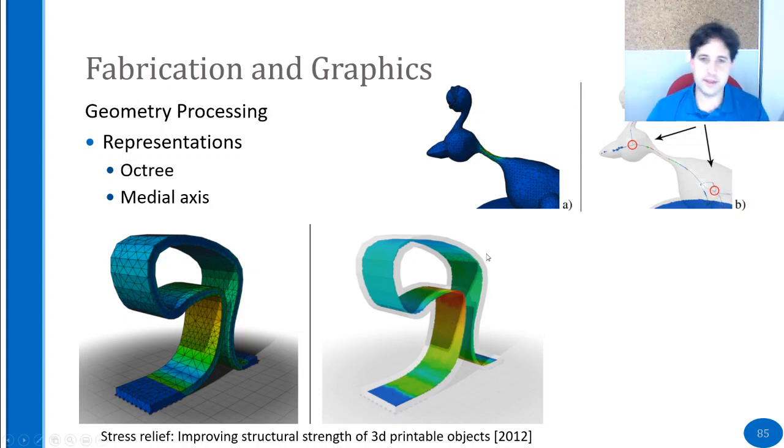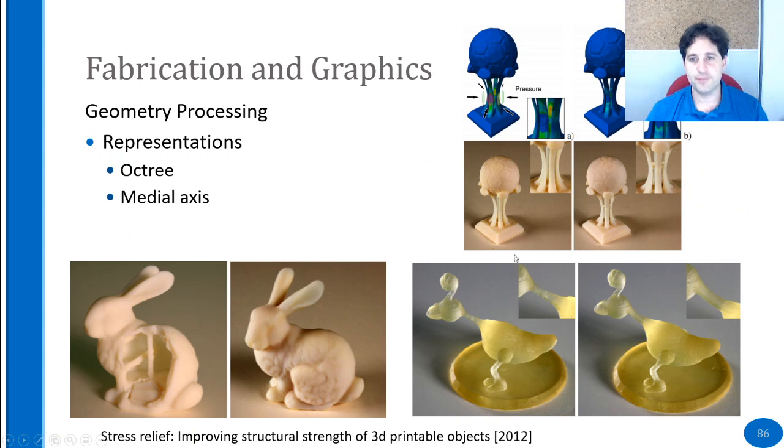So in this case, what this work has done, and this is one of the seminal works in the field, it's already rather old, but still, what they did was identify weak regions and then either thicken them by enlarging the offset from the medial axis in specific places where they were weakest, or they also used the medial axis in order to decide what to connect or to add rods and supports in order to connect pieces together, making them stronger inside and outside.